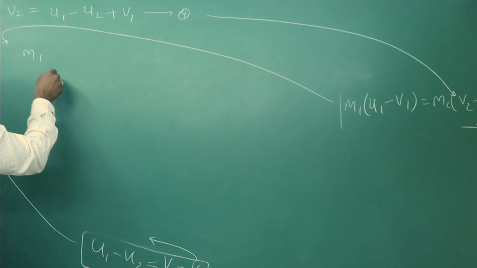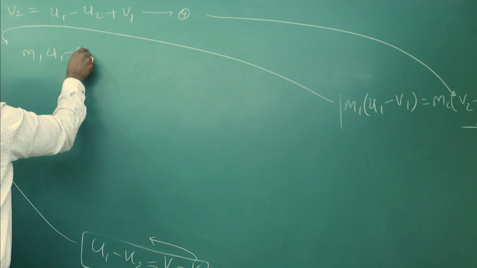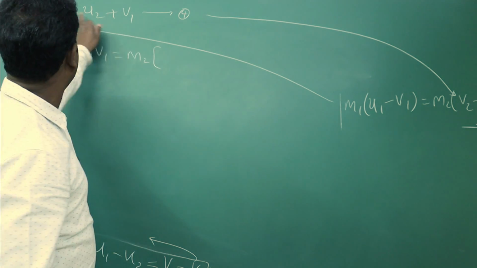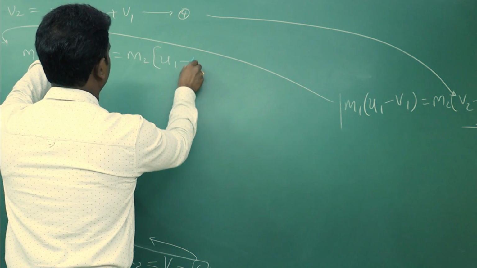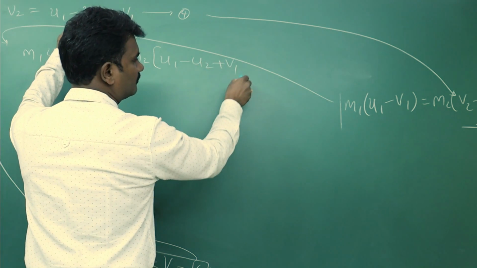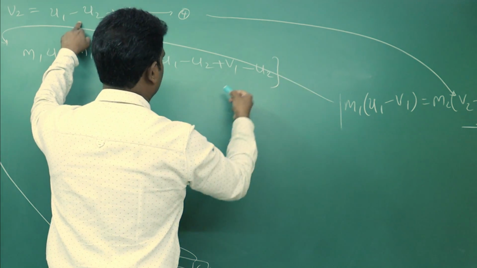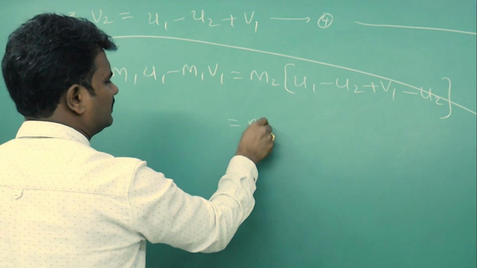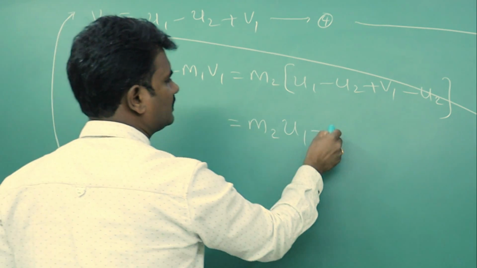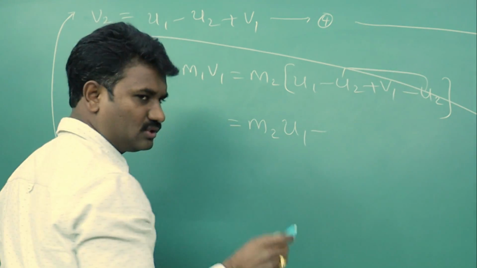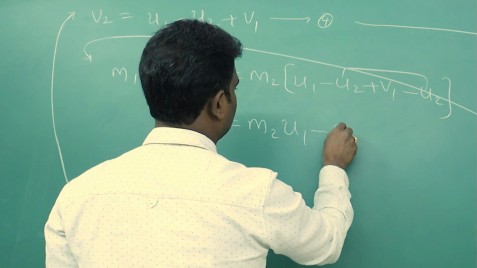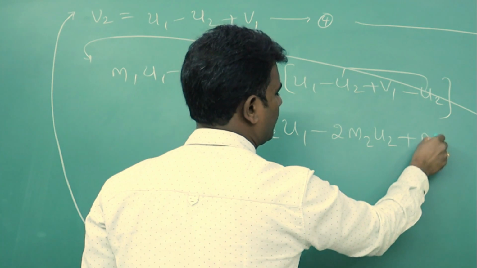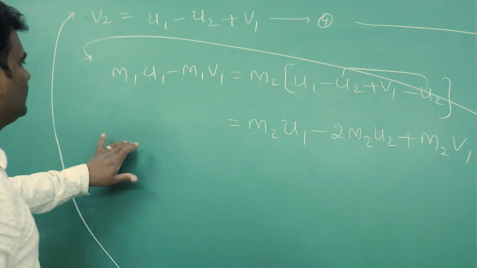I am going to expand: m1 u1 minus m1 v1 is equal to m2 into, instead of v2, I am writing this, u2 is already there. Upon expanding this, I get m2 into u1 minus u2, minus u2, minus 2 m2 u2 plus m2 into v1.